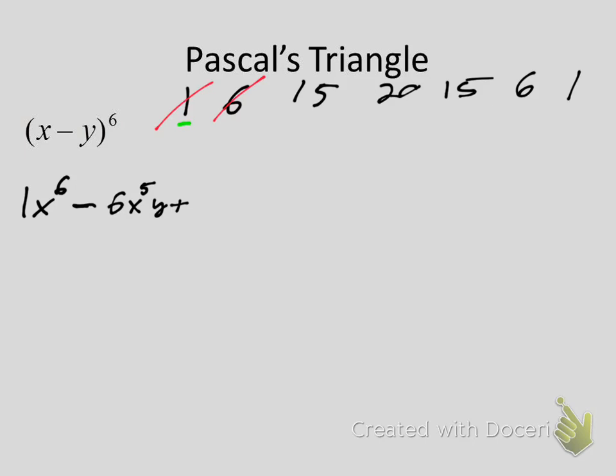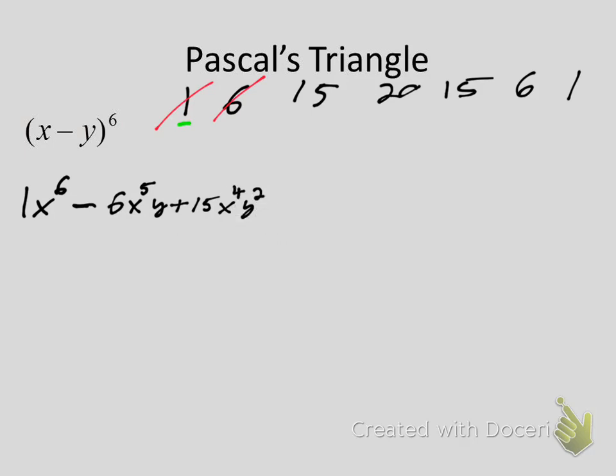You'll catch on why. Your coefficient is 15. X to the 4th, y to the 2nd. See how you do that? Your x's, your first variables, go down 1. Your second variable is going up 1 now. See that? 1 to 2.